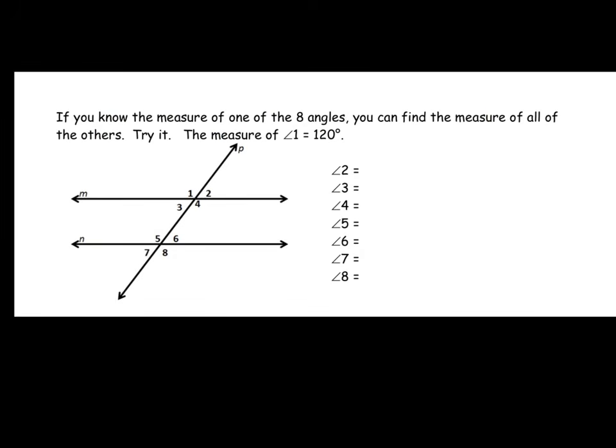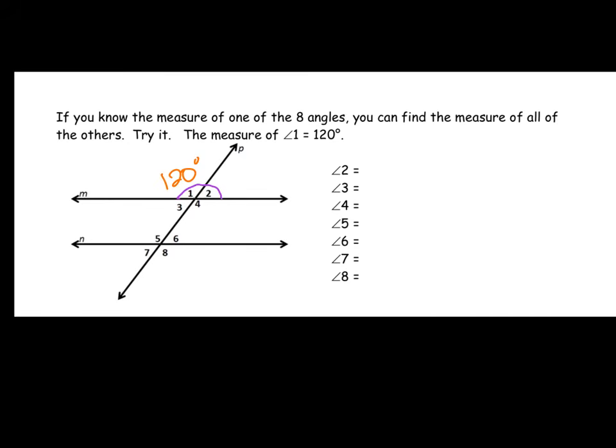All right, so if we know the measurement of one of these angles, you can find the measurement of all the others. So here it says the measurement of angle 1 is 120 degrees. So I'm going to fill in 120 for angle 1. Now angle 2 is supplementary to angle 1. So they're next to each other and they create that straight line. And we know that if we have a straight line, it's going to be 180 degrees.